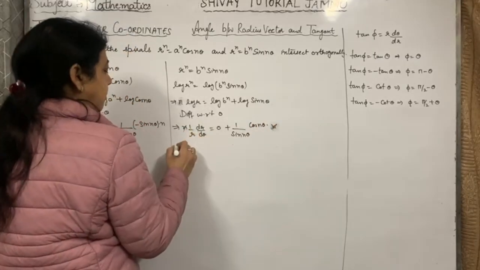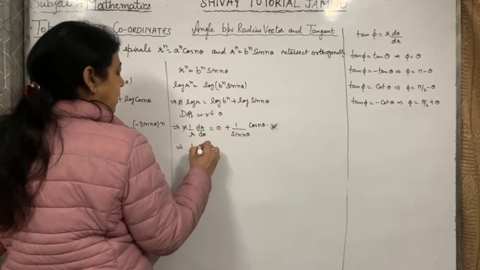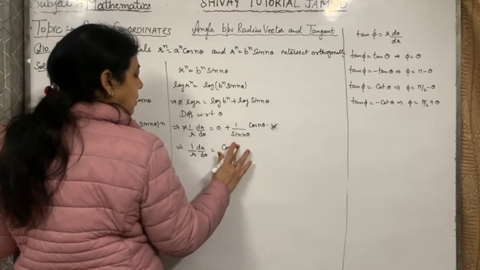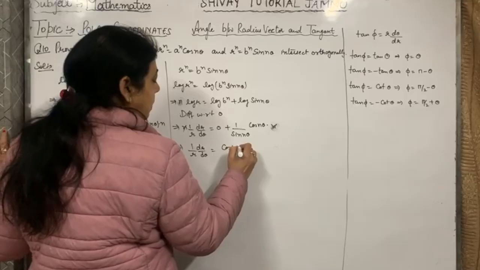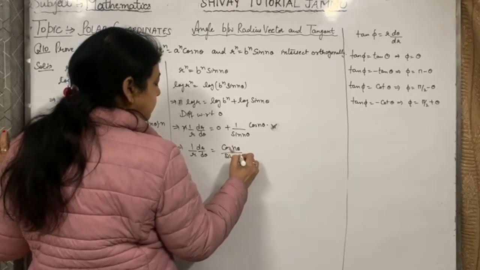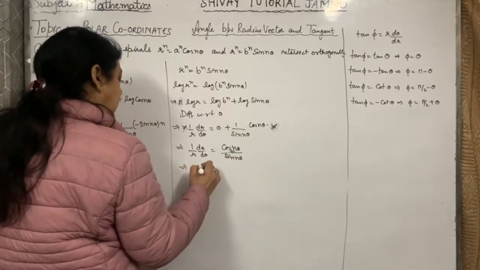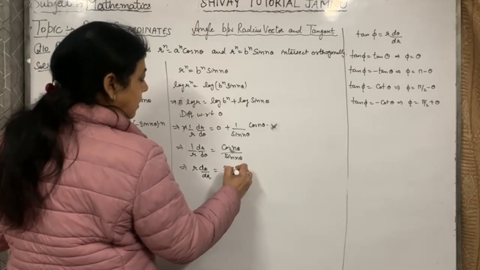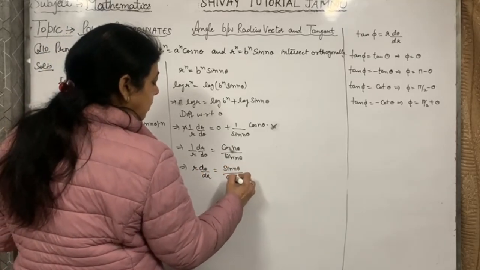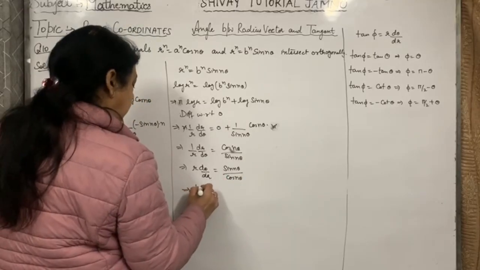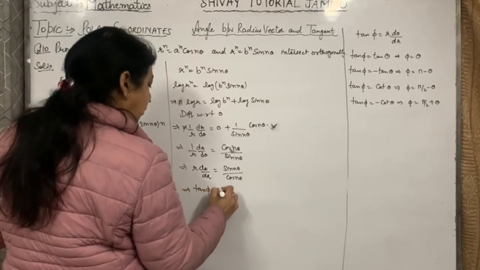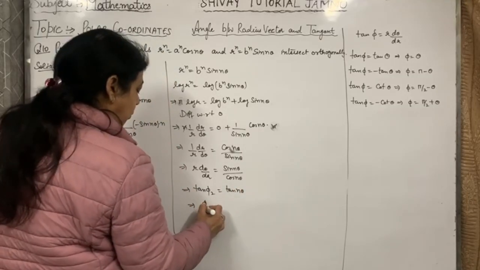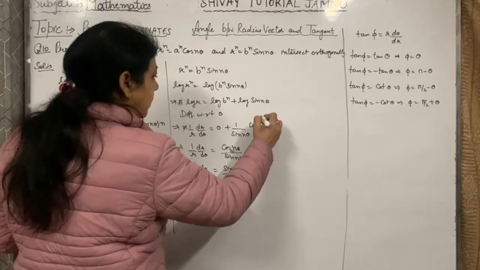N will cancel. 1 by r dr by d theta will be cos n theta by sin n theta. When we take the reciprocal, r d theta by dr will be sin n theta upon cos n theta. Tan phi 2 is tan n theta. Phi 2 is n theta.